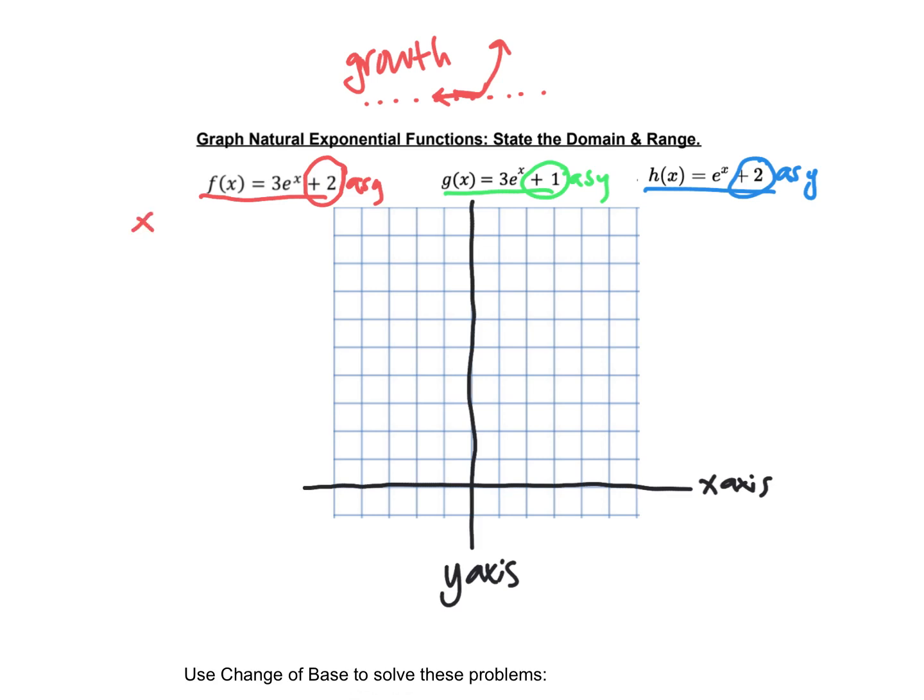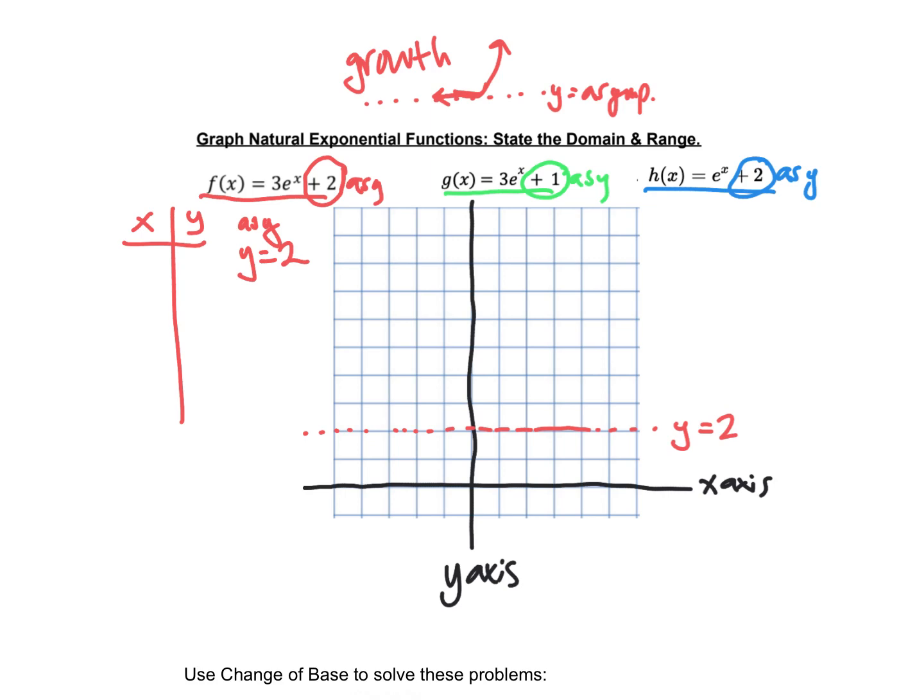So with my f of x function so far, I know my asymptote is y equals 2 because our growth function has a y equals asymptote. Okay, so let me just do that. Y equals 2, make that one here. My asymptote.